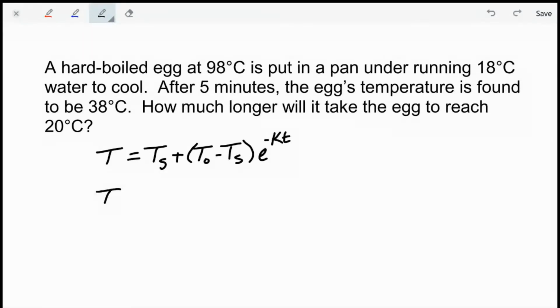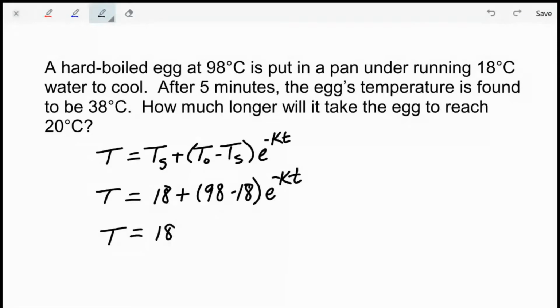So to start with here, I know my temperature is going to be equal to 18 plus 98 minus 18 times e to the negative KT power. So I could also write that as the temperature would be equal to 18 plus 80 e to the negative KT power. And at this point, it's just an algebra problem again. They told me that after 5 minutes, my temperature is going to be 38.